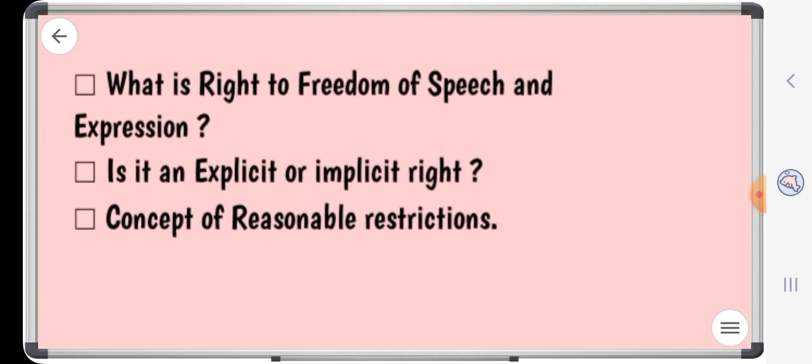So, firstly, to answer the first question, what is the right to freedom of speech and expression? Freedom of speech and expression denotes the authority or entitlement to express personal opinions devoid of censorship, restrictions, or legal repercussions.